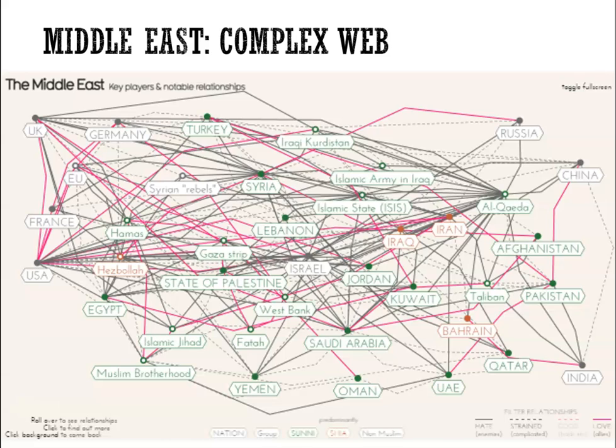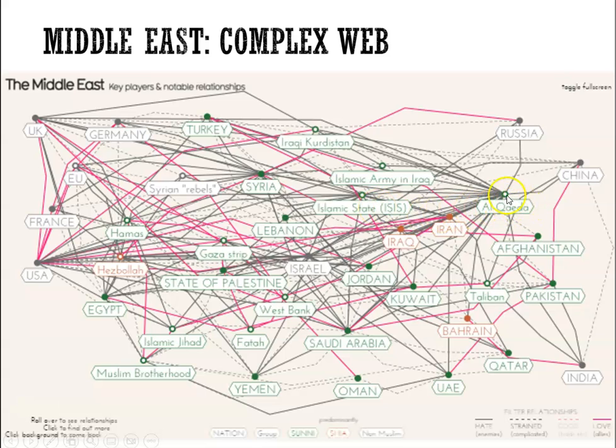And then you can see organizations or groups, for example, the Taliban here, who of course have been affiliated with Afghanistan, but they are also elsewhere. Fatah, which is connected with Palestine, but also shows up elsewhere. The Islamic State, or ISIS, of course, is in several locations, but has been highly influential in Iraq and now Syria.